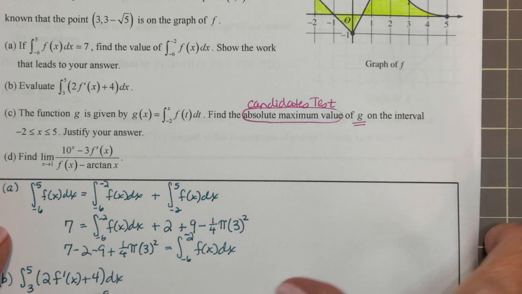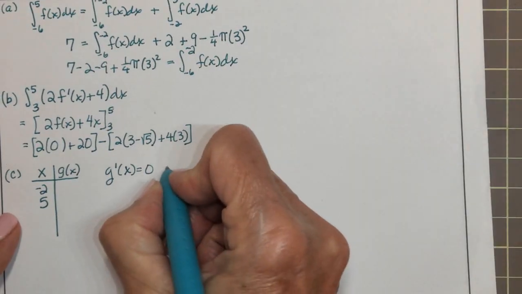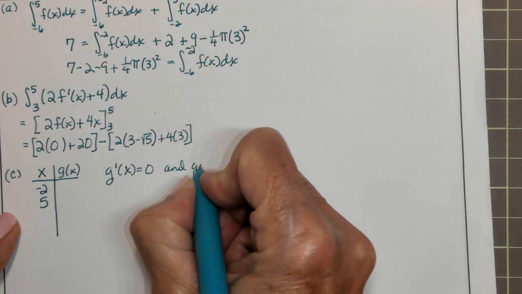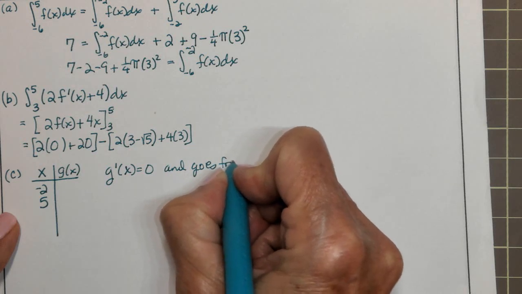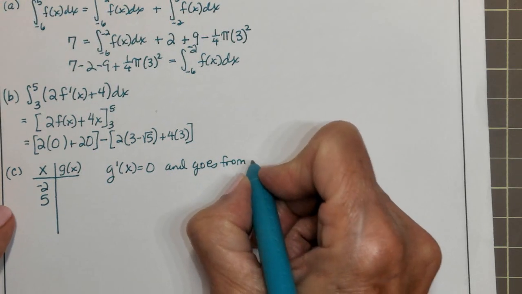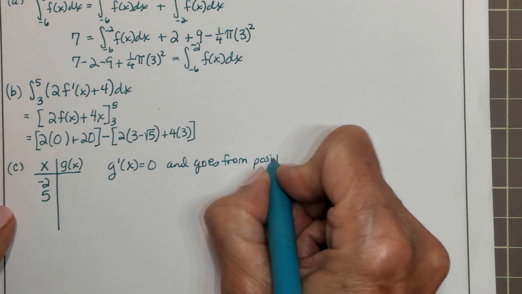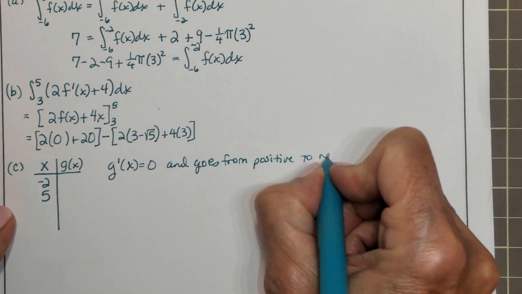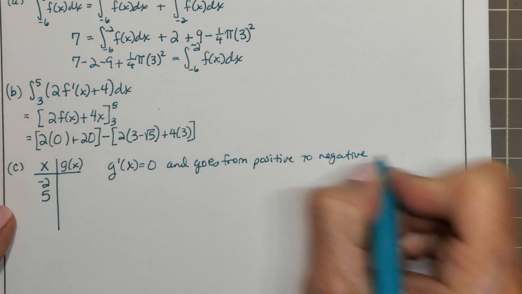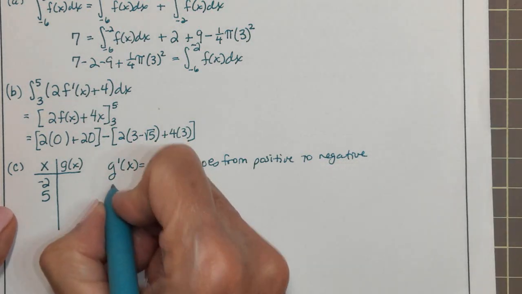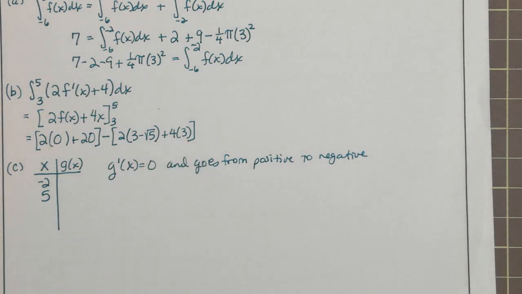And since we have an absolute max, I want it also to go from positive to negative. Correct? Okay, that's what I want.